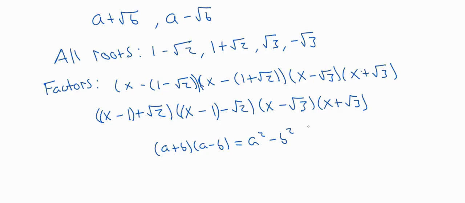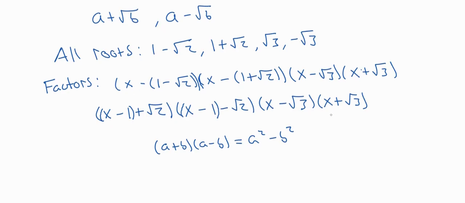And so if we look up here, we notice that we can say, well, x minus 1 could be like our a, and the square root of 2 could be like our b, and so we would have a plus b times a minus b. And then again over here we can treat the x as a and the square root of 3 as b, and we would have a minus b times a plus b. So that's going to be useful for us.